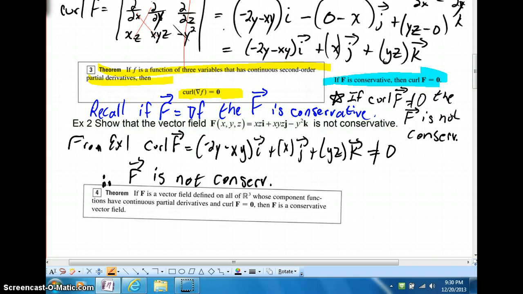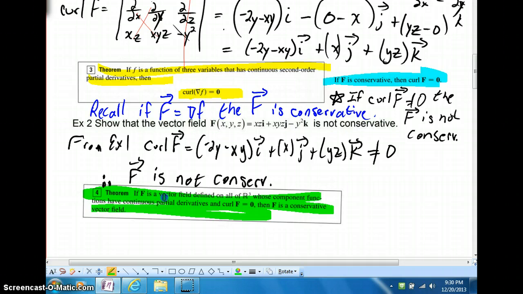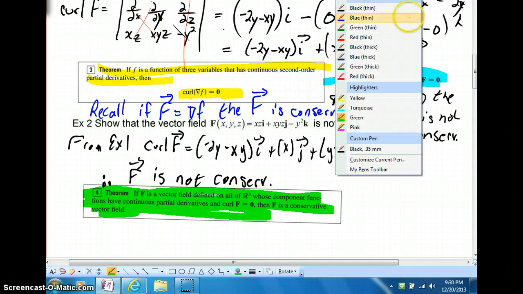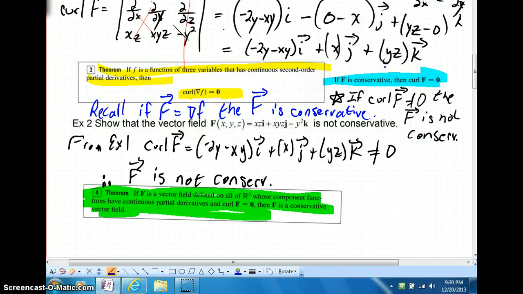By way of comparison, we can immediately take a look at this next theorem, number 4, which is wonderful, because now this says if your vector field has continuous partial derivatives, and if the curl of that vector field is 0, then F is a conservative vector field.